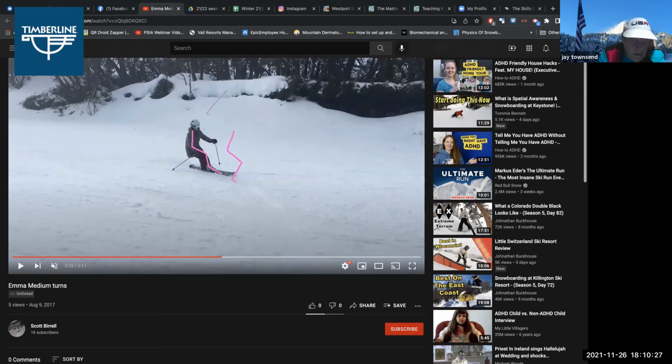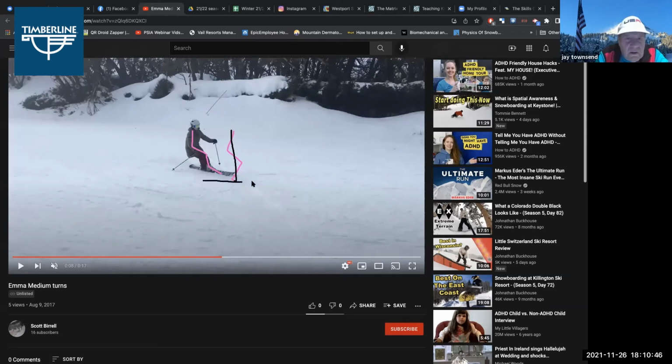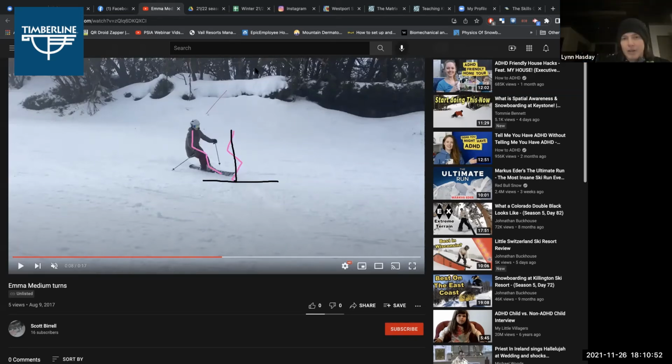Okay, so the reason we'd want that, like the second drawing, is because if you drew a line down where the center of mass would be, it would be right over the feet, right? Oops, that's a terrible drawing of a ski. But in this case, let me grab a different color.